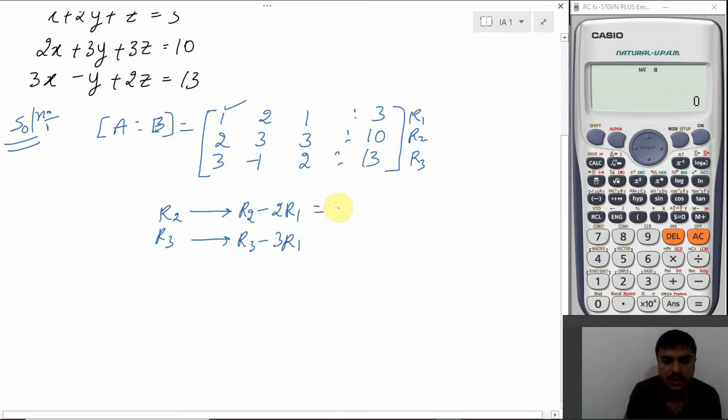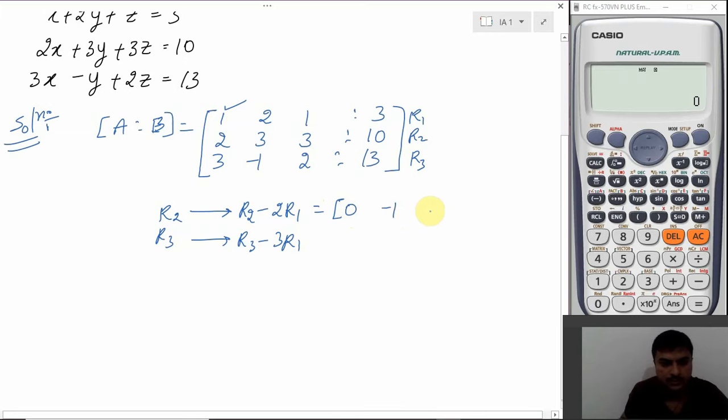You can put it in the calculator immediately if you want. You can check in the calculator, which is very easy, students. So now I'm going to simplify all the values. First value, 2 minus 2 is 0. 3 minus 4 is going to become minus 1.